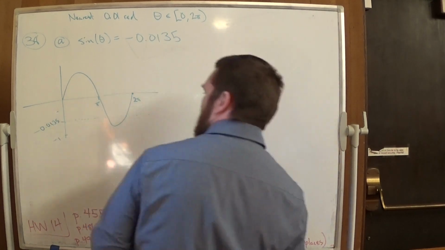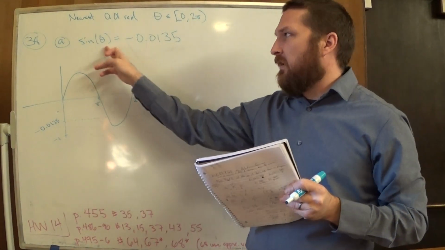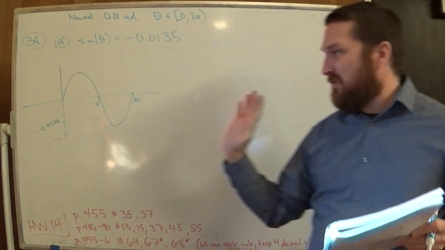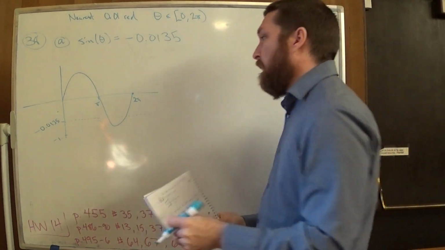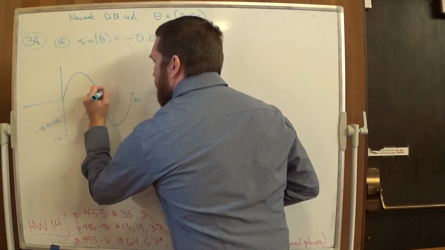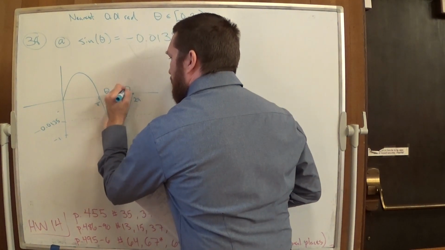Okay. So how many answers should I expect? 2. Because we only care about solutions from here to here. How many solutions are there to this equation? Infinite. There are infinitely many, right? It goes both directions. But on this interval, there's only 2. And so I'm going to name them. I'm going to call this one theta 1, this one theta 2.